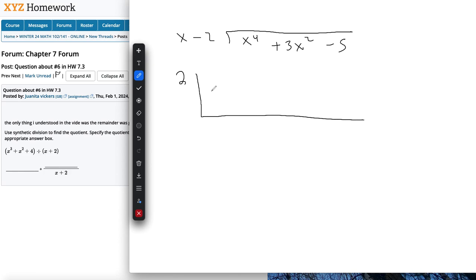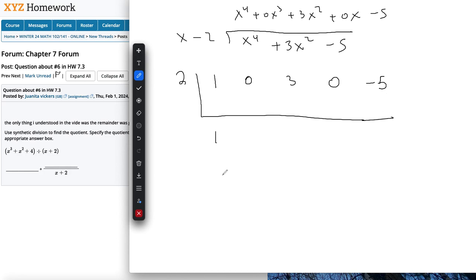And then this is x to the 4th, so that's a 1x to the 4th. I don't have a cube term, so I'm going to put a 0 in there for the placeholder. My squared term is 3. I don't have a linear term, so I need another placeholder there, because this is like x to the 4th plus 0x cubed plus 3x squared plus 0x, and then minus 5.